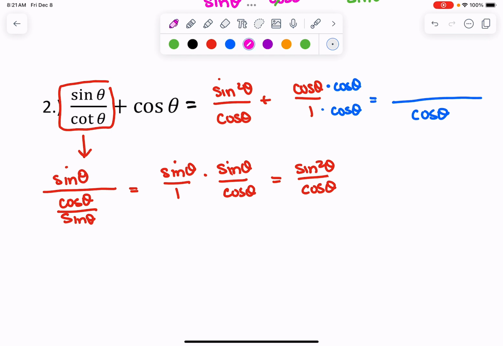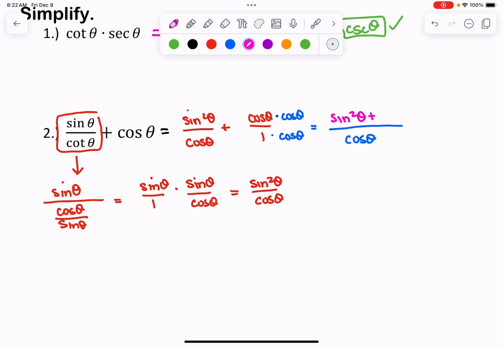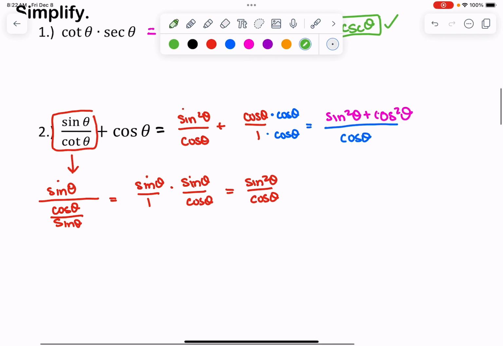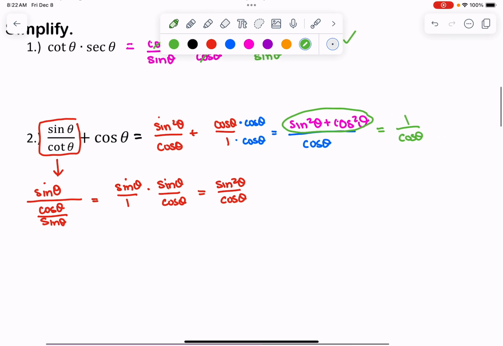From my first fraction, we've got our sine squared, plus from our second fraction, cosine times cosine is going to be cosine squared. I can now replace my numerator with 1. And if I have 1 over the cosine, I have the secant.